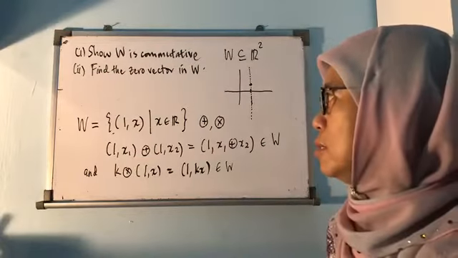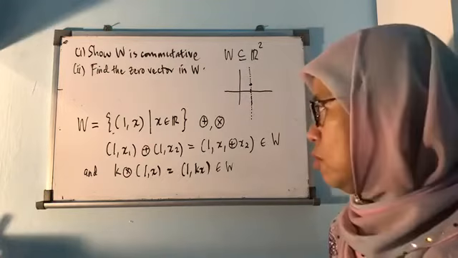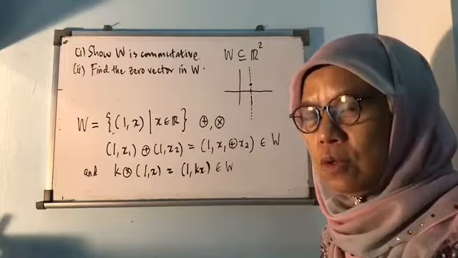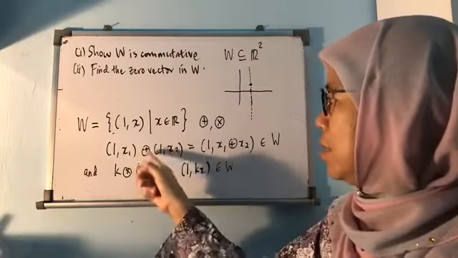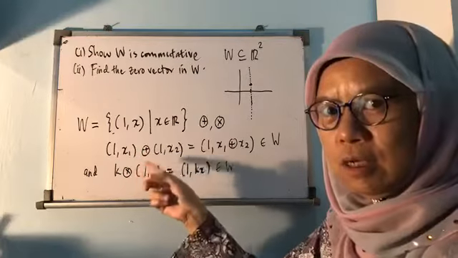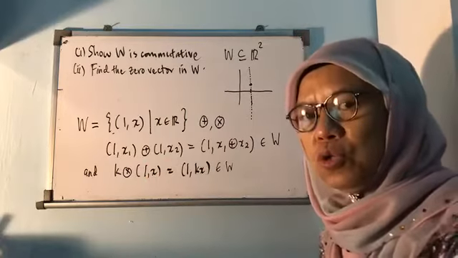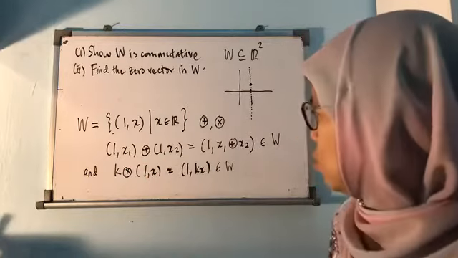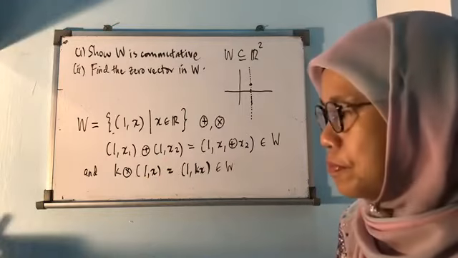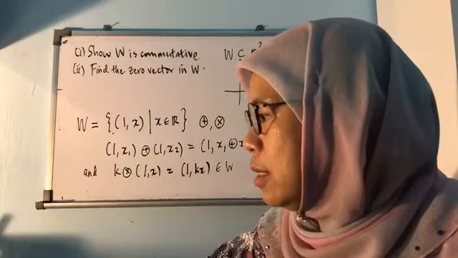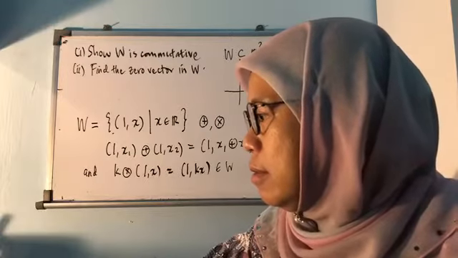Another good thing about this question is that the zero vector does not always need to be (0, 0). If the operation is different from the normal operation, the zero vector can also change, not only (0, 0). So it's a good question.